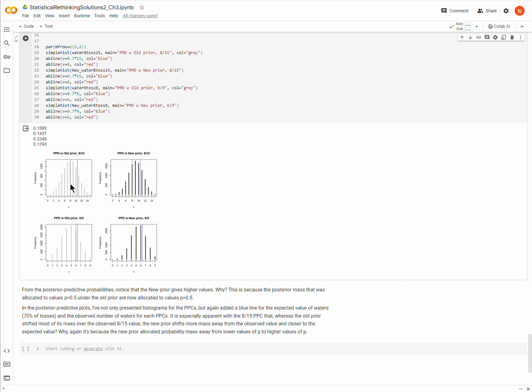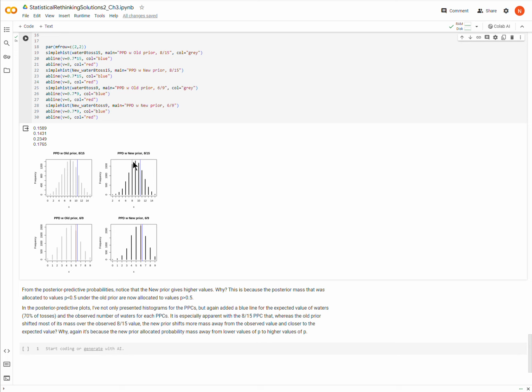You see that for all of these different plots. You'll notice that with the old priors, the probability mass really centers on what was observed. It's really apparent in these top two panels, and it shies away from the expected value. In the new prior, we see that the probability mass is being pulled in both directions.